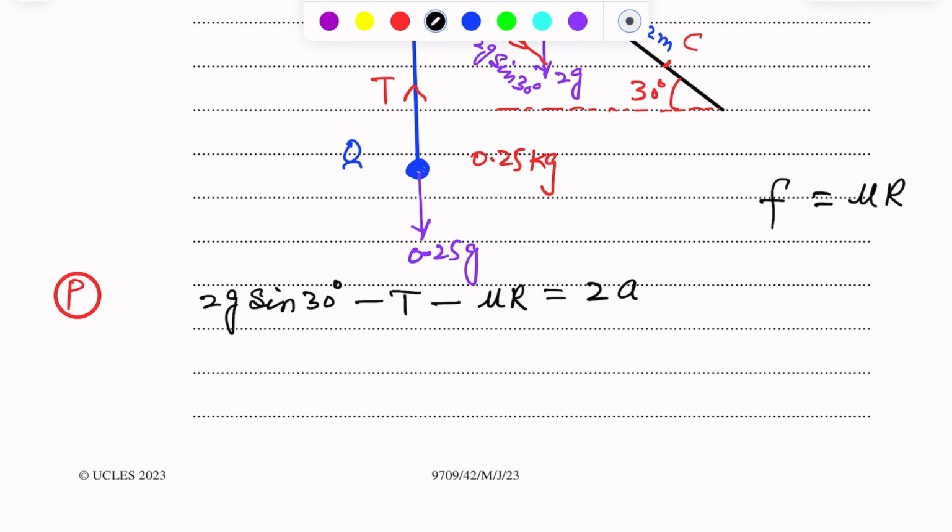Now we will find the value of this R. R is the normal reaction.